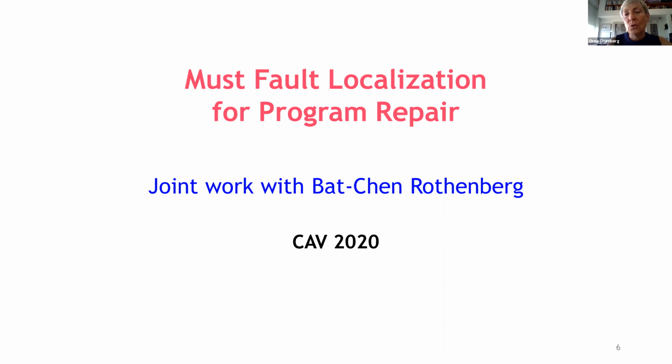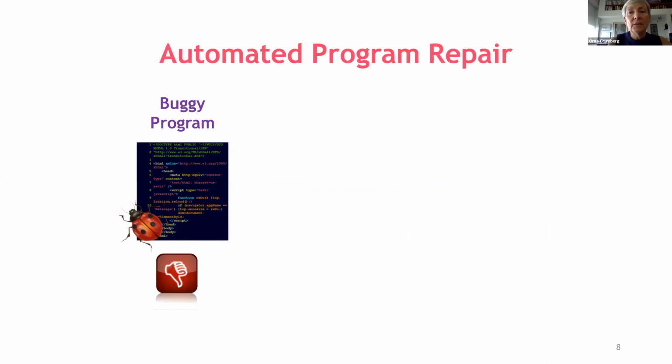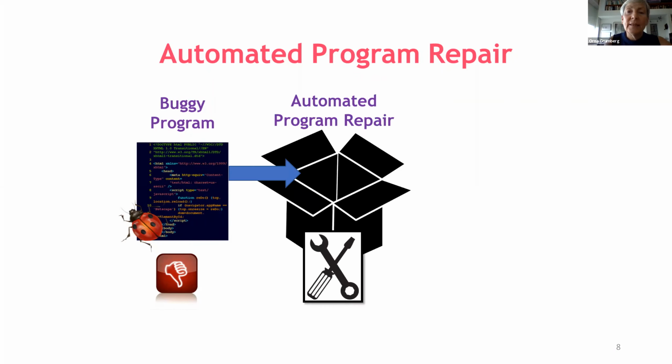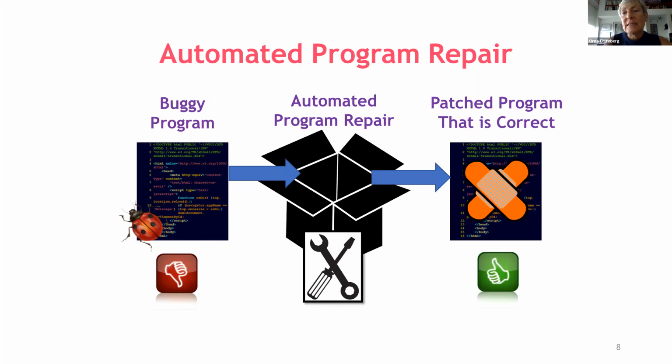It's a joint work with Rothenberg. Here we are given a buggy program, and there is some kind of repair that results in a patch program that is correct, where a patch program is a program where some of the lines in the program were changed so that the resulting program will be correct.